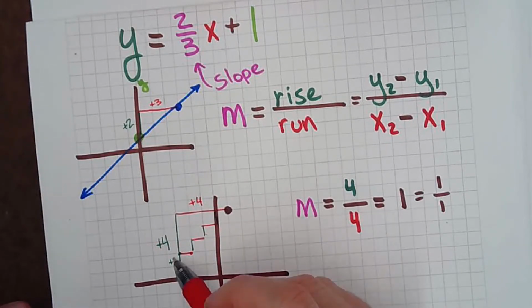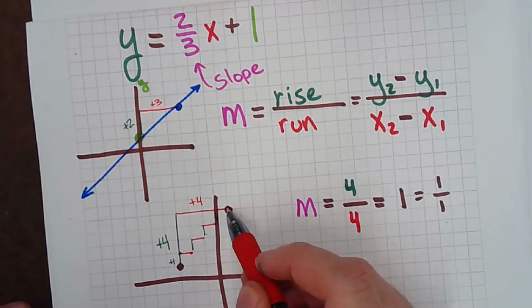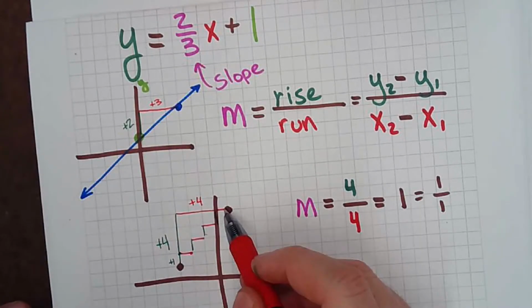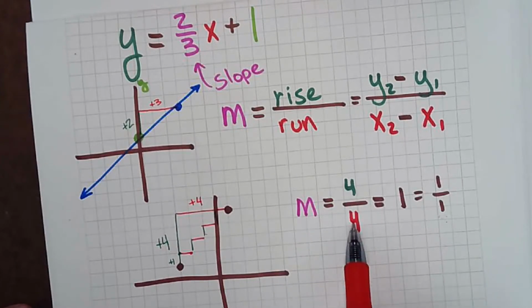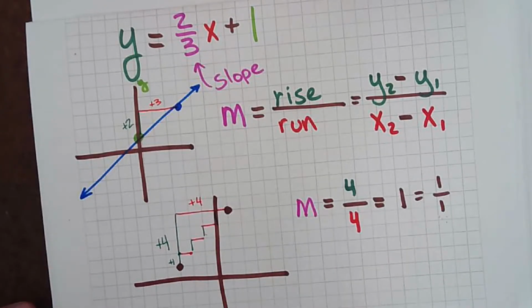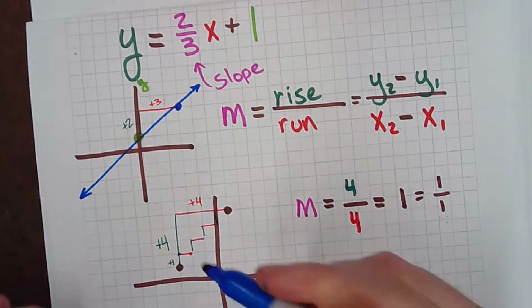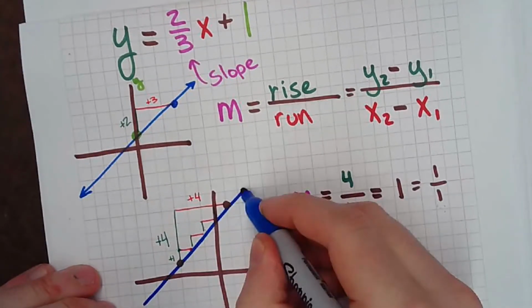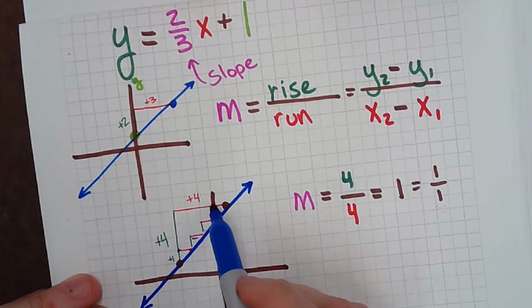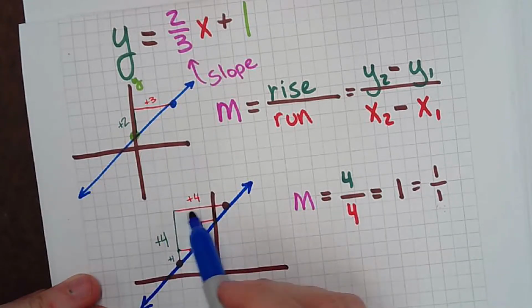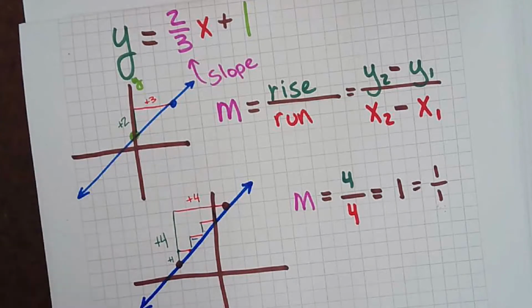So up 1 over 1, repeated, is the same as up 4 over 4. They are the same slopes because they are equivalent ratios. 4 divided by 4 is the same thing as 1 divided by 1. When we connect these with our line, we notice that this slope matches the slope of this line, and so does this slope. They're the exact same thing, just 2 different ways to write it.